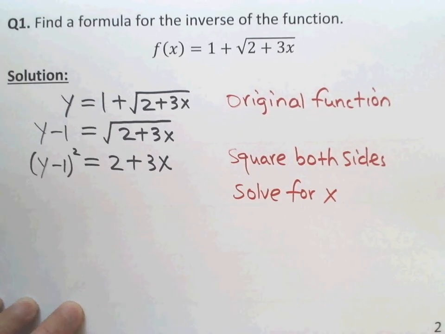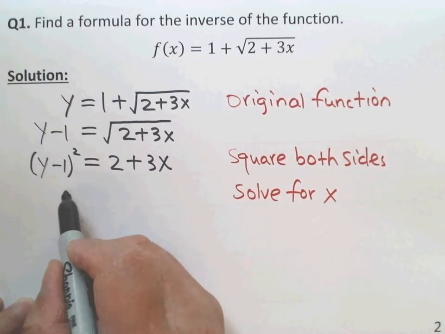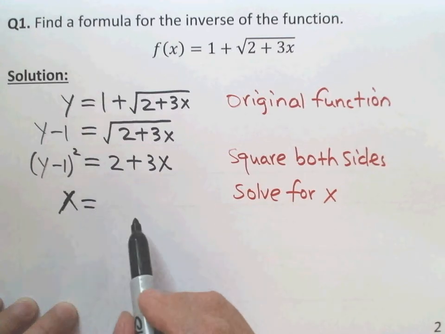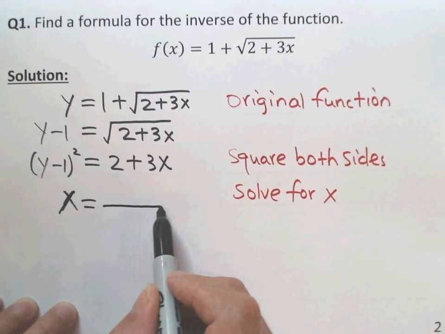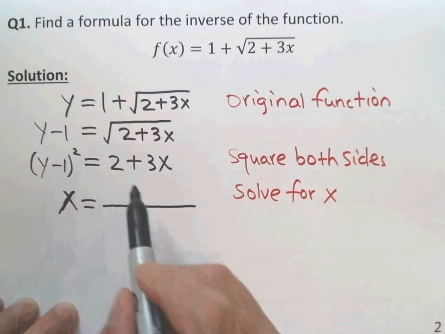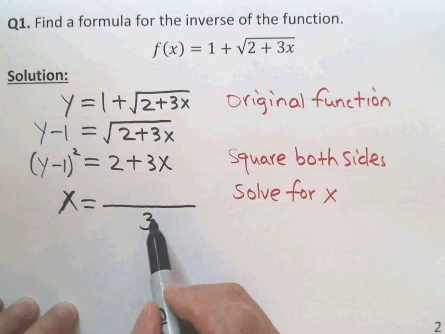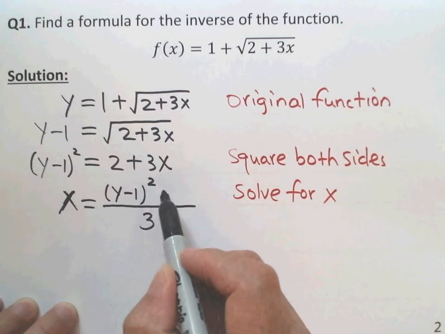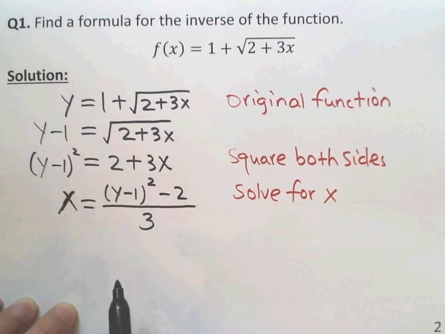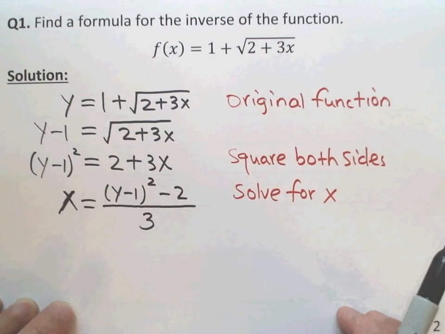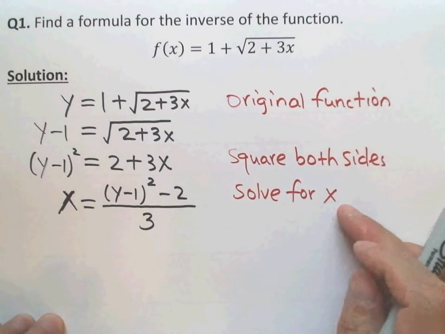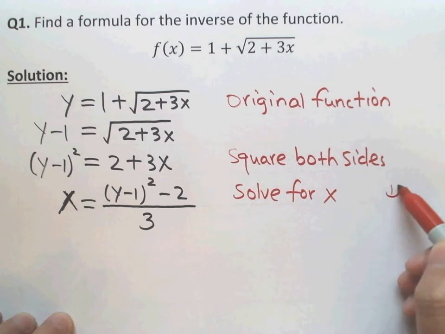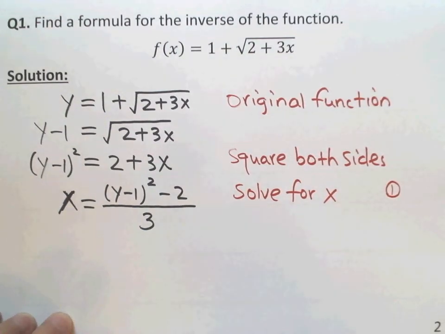After we solve, we should get x equals (y minus 1) squared minus 2, all divided by 3. So 3 is the denominator, and the numerator is (y minus 1) squared minus 2. So we did the first step; we already solved for x.